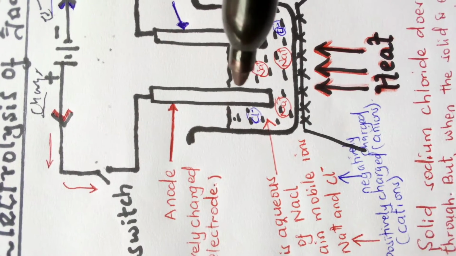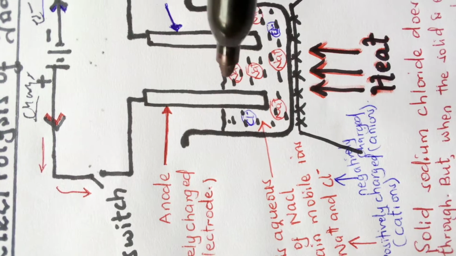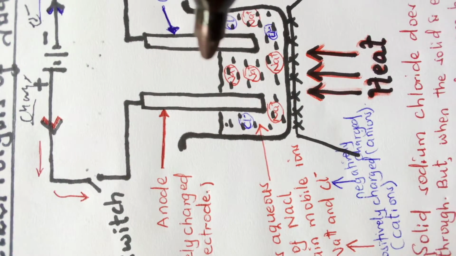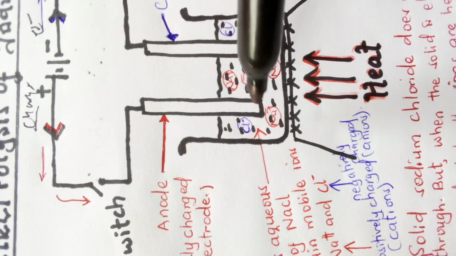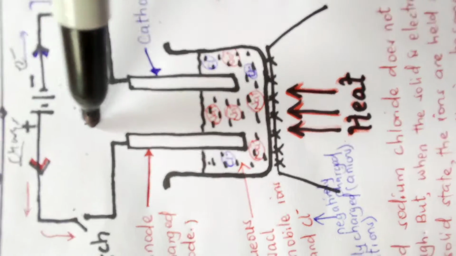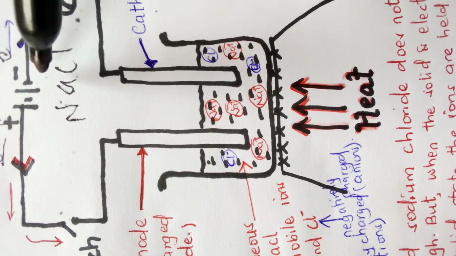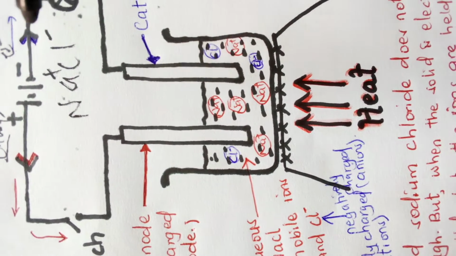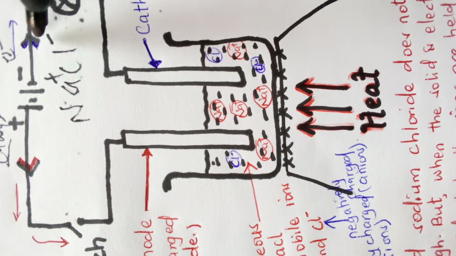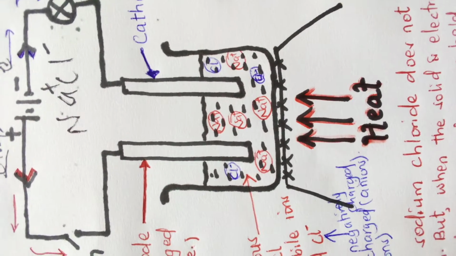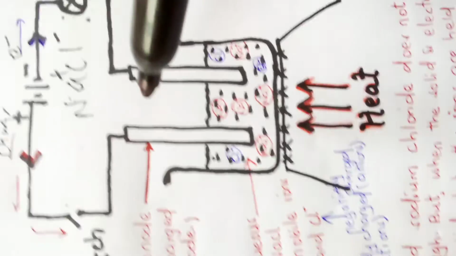When sodium chloride decomposes, it produces sodium ions which are positively charged, and chloride ions which are negatively charged. Sodium chloride is an ionic compound containing positively charged sodium ions and negatively charged chloride ions.